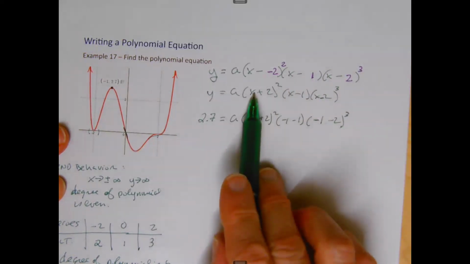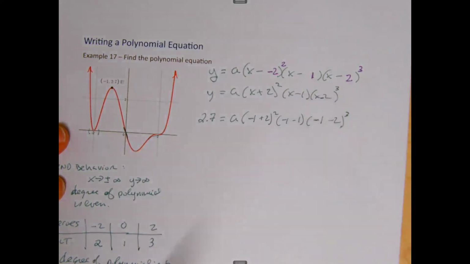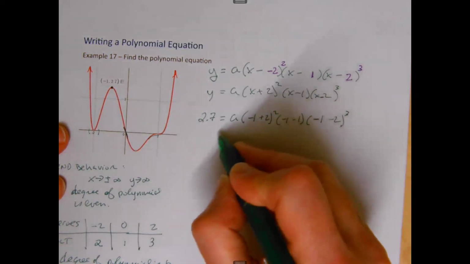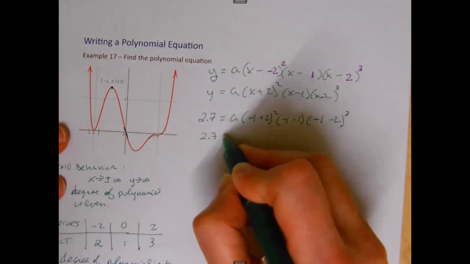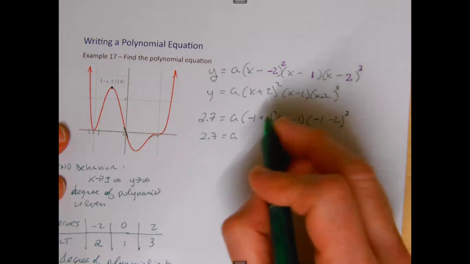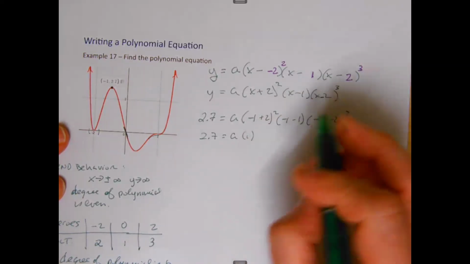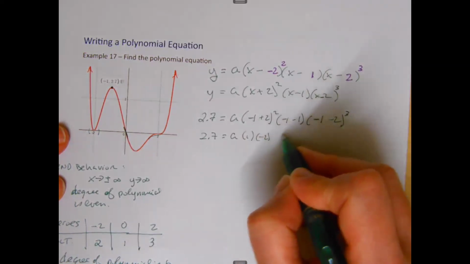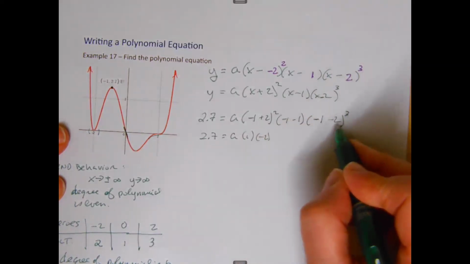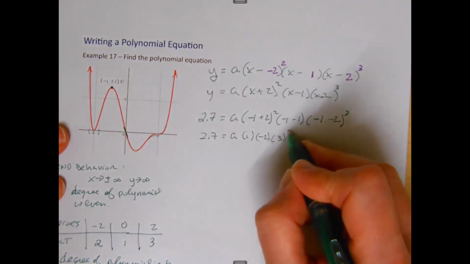Check one more time. Yeah, seems okay. And I continue solving. So -1 plus 2 is 1. 1 squared is 1. Negative 1 minus 1 is negative 2. Negative 1 minus 2 is negative 3. And this one's going to get cubed.